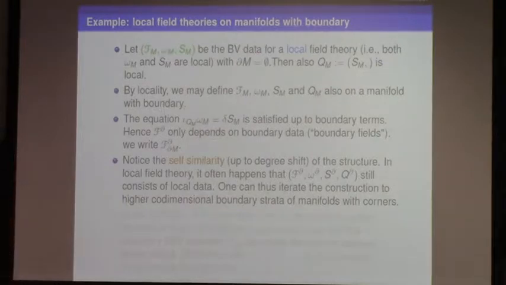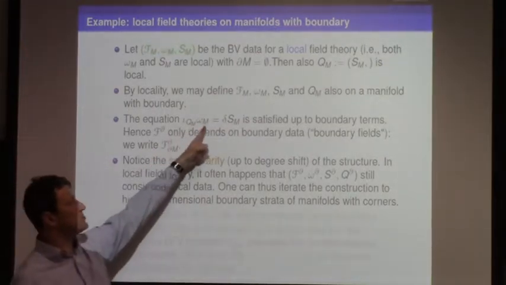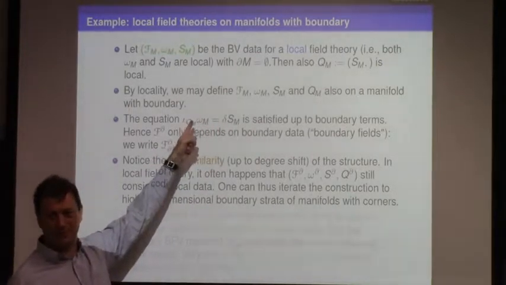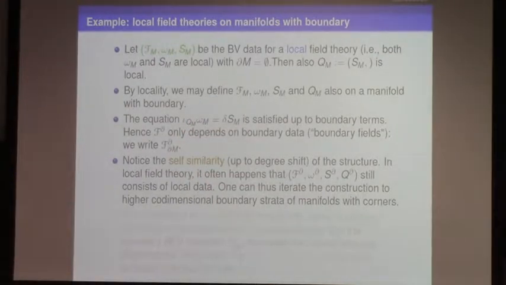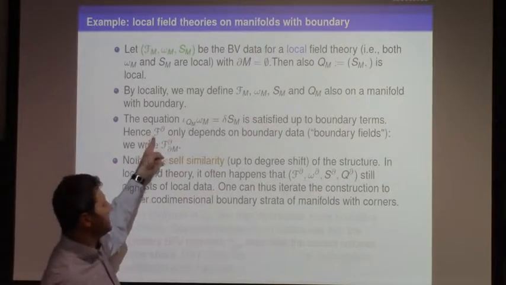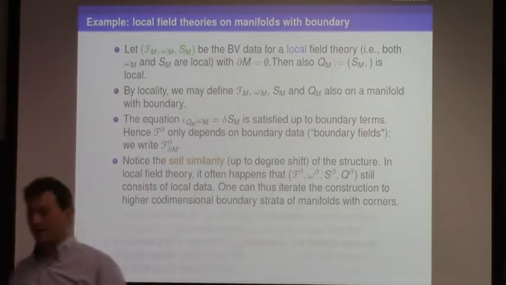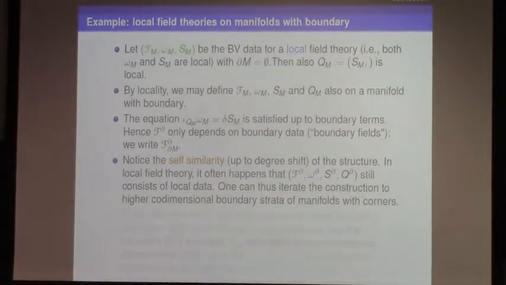The important point is that this equation is satisfied up to boundary terms. So in particular, when you compute the kernel of this two-form omega check, in it you will see essentially all the bulk fields. So the result is that this F boundary depends only on the fields at the boundary and their transversal jets.